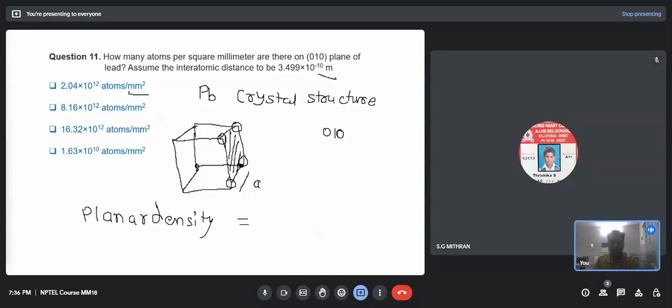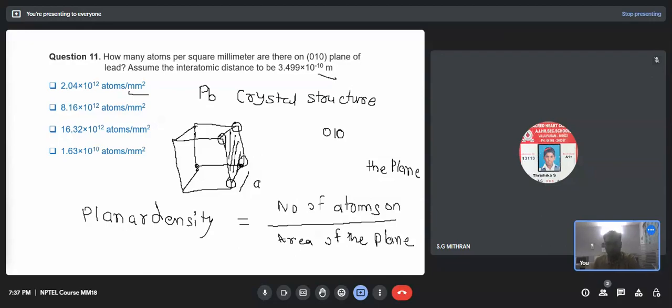Planar density for this will be number of atoms on the plane upon area of the plane.